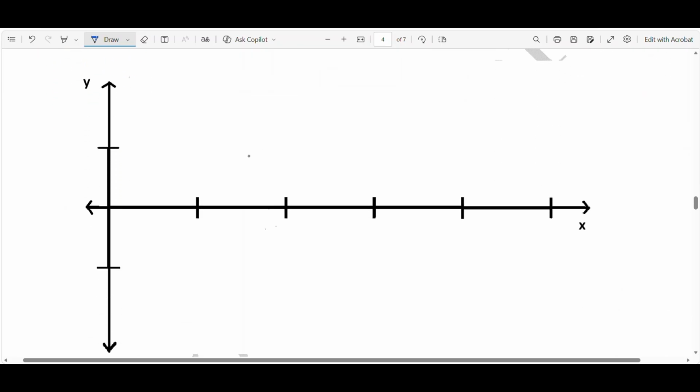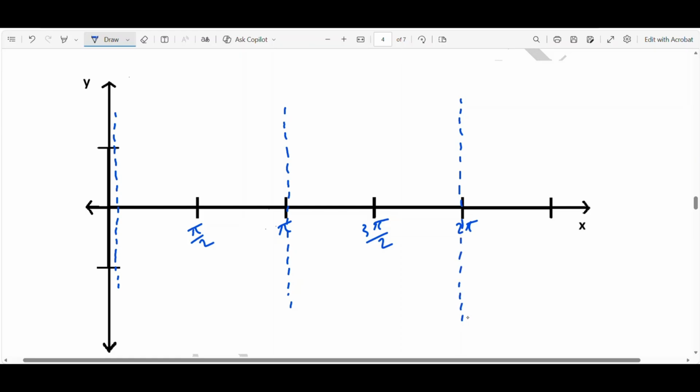Okay, I have pi over 2, pi, 3 pi over 2, 2 pi, and I have asymptotes at 0, pi, and 2 pi. I think you remember how you sketch tan theta.